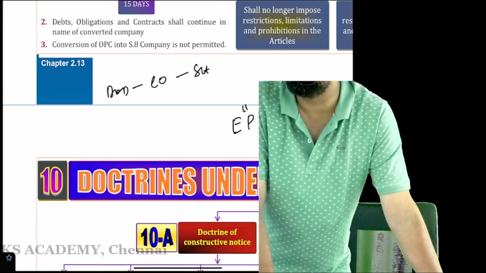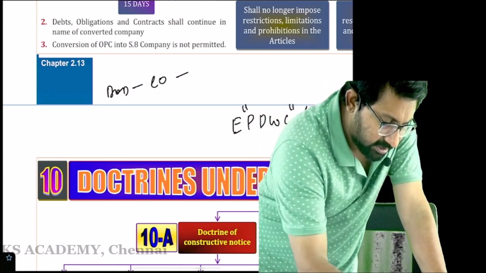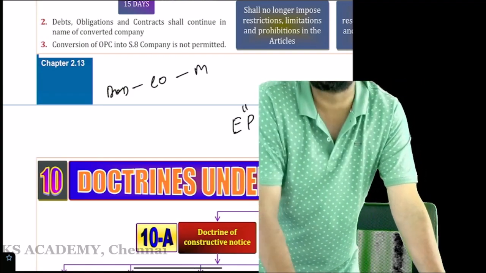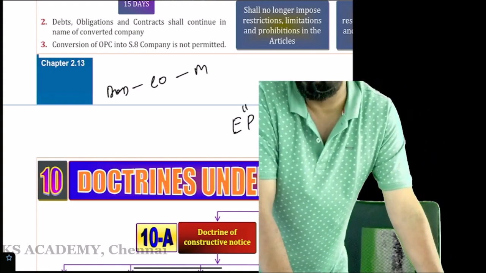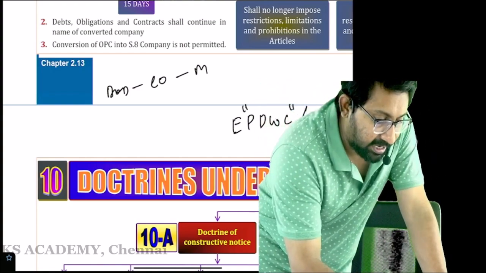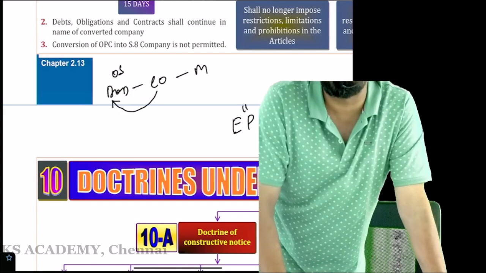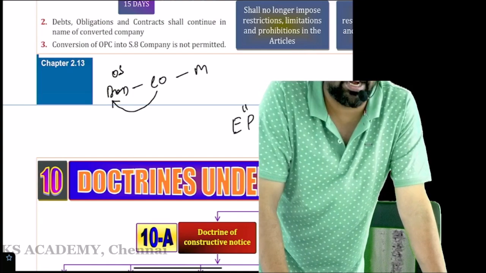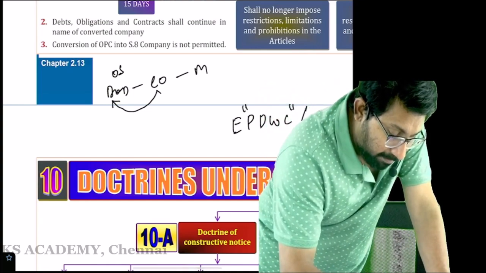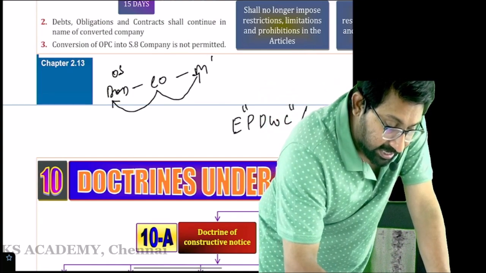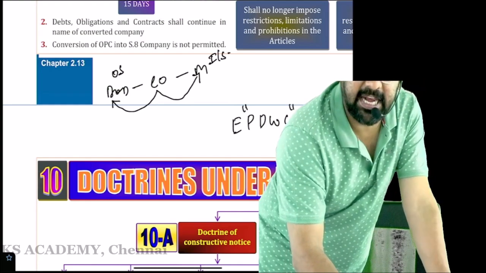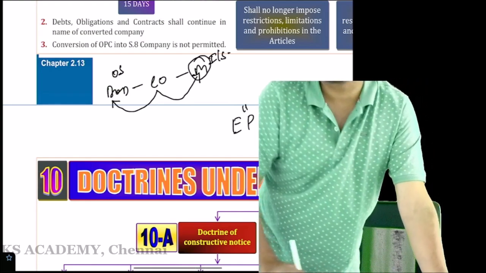Clear? Or members. Instead of calling them shareholders, I will call them members. Board of directors to the company are outsiders. Members to the company are insiders in member capacity.